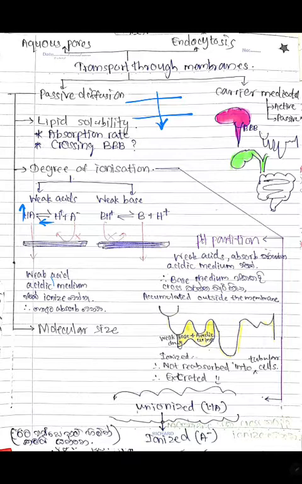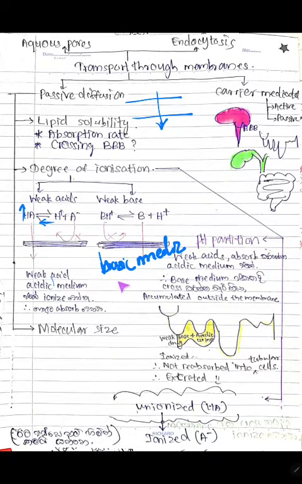They are well absorbed. The reverse is true for the weak base. In a weak base, this is the ionized form and this is the non-ionized form. As in the previous example, we put the weak acid into an acidic medium for good absorption. Therefore, for good absorption of a weak base, we have to put it into a basic medium.